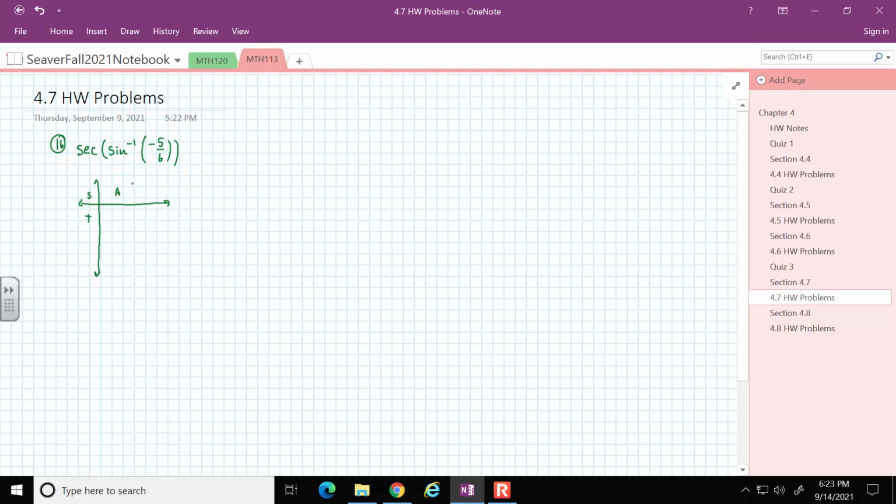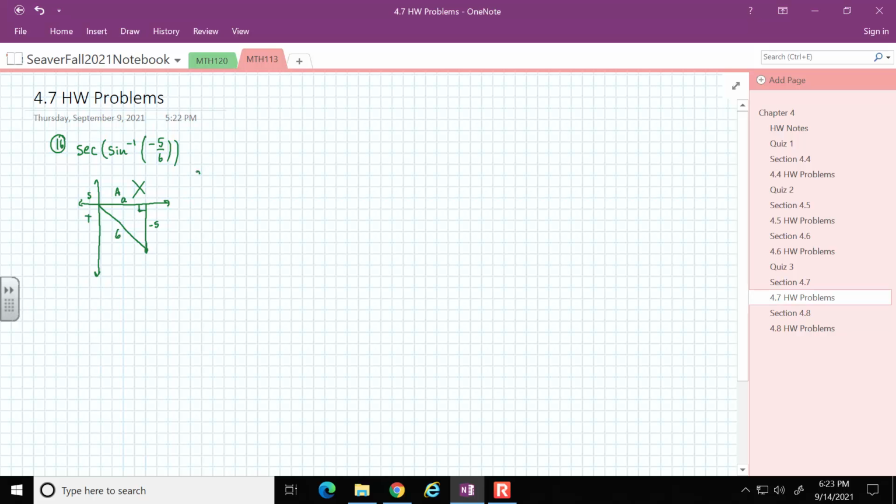But it's positive up here, so it can't be in the first quadrant. So it's going to be in this other quadrant. My opposite side has a length of, say, negative 5, or really just 5, but we'll say negative 5. So we're in the right quadrant, right point here. And the hypotenuse would be 6. It's kind of the same thing as before. I need to figure out the length of this side, and I'll call that a because that's my adjacent side anyway.